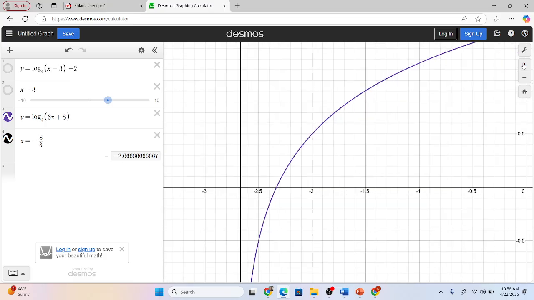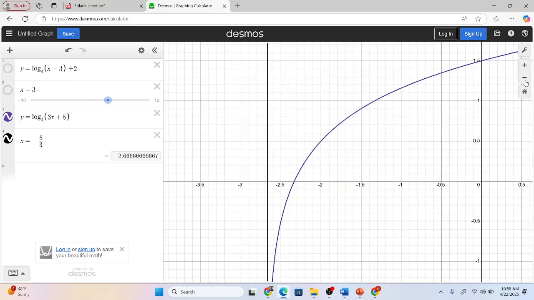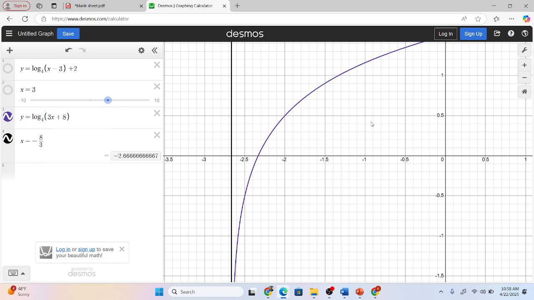Okay. I got to go 2.5 because that's negative 8 over 3. So if I look at this graph, see here is my 0, 0 line. And this thing is over in the negative spot. In fact, I needed to go in halves, 0.5 units as opposed to just going ones, because this thing is between like 2 and 2.5.